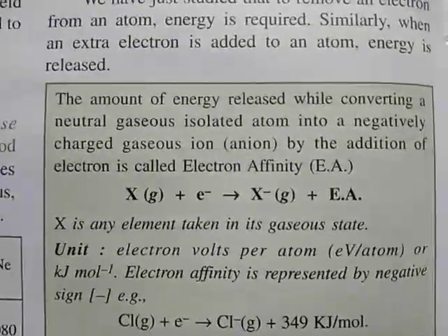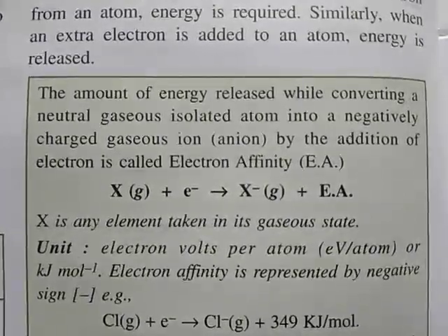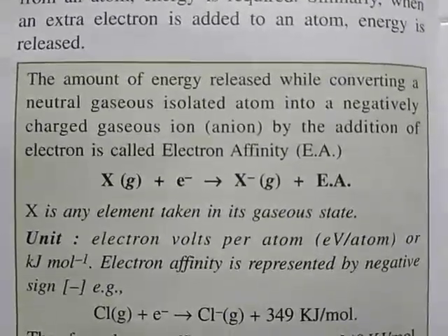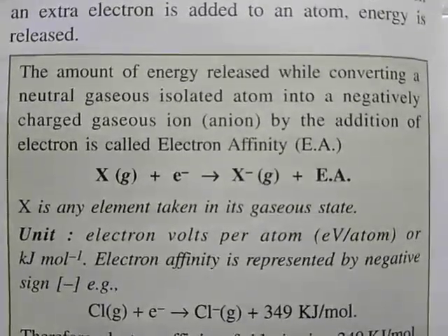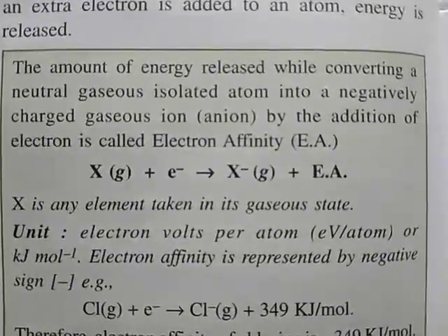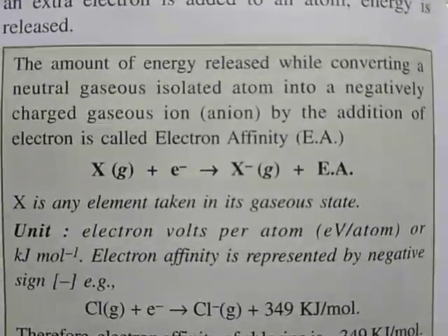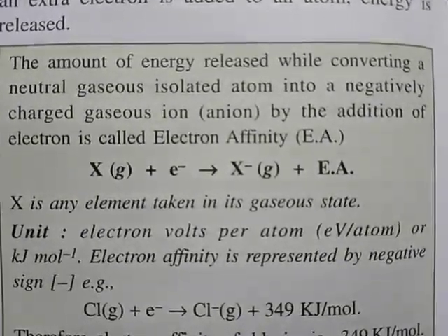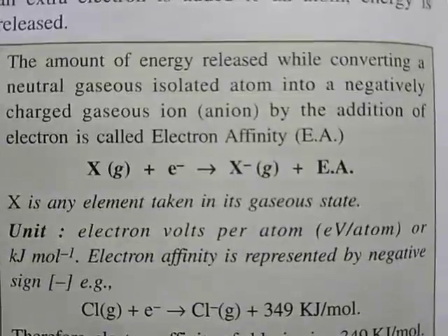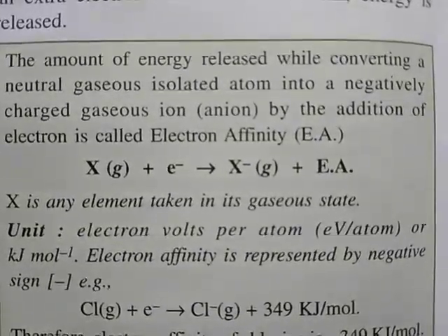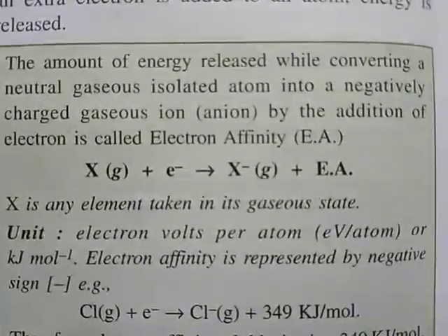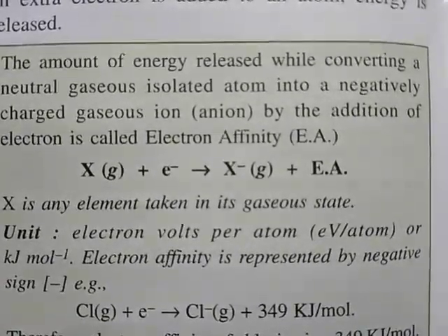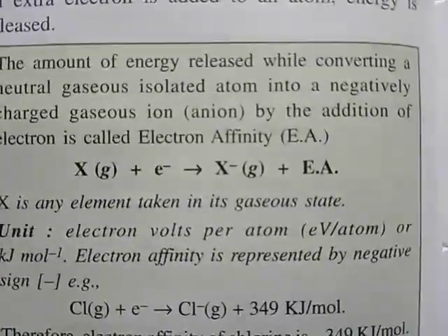In ionization enthalpy we were removing the electron and here we are adding the electron. There we were applying the energy, but here we will gain the energy, meaning the reaction is so favorable that it will release energy, and this released energy is called the electron affinity.